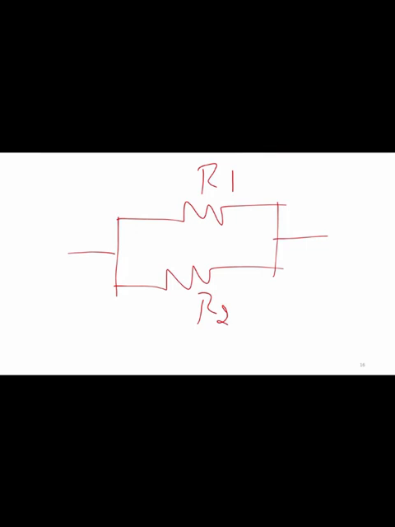If you consider two resistors or three resistors, say three, those resistors will have two terminals, and all the terminals should be common. If that is the case, the resistors are said to be in parallel. There is only one condition we should follow, that both the terminals of the resistors must be common, then they are said to be in parallel.